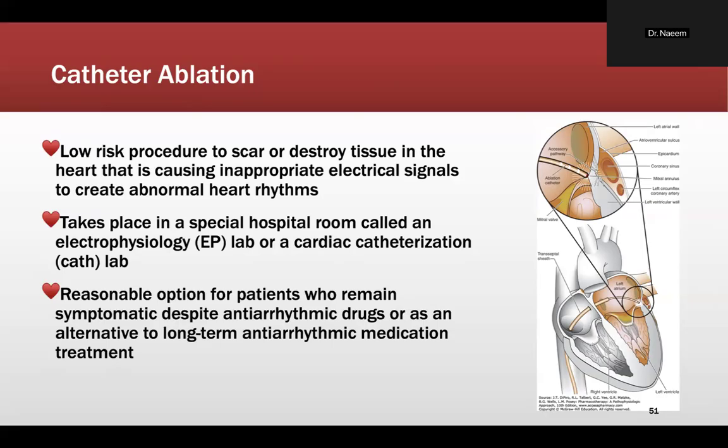It can even happen in the cath lab, which is where you may remember stent placement takes place, or where percutaneous coronary intervention, PCI, is done for patients with ischemic heart disease or acute coronary syndromes. This is a reasonable option for patients who remain symptomatic despite drug therapy or as an alternative to long-term antiarrhythmic medication treatment.